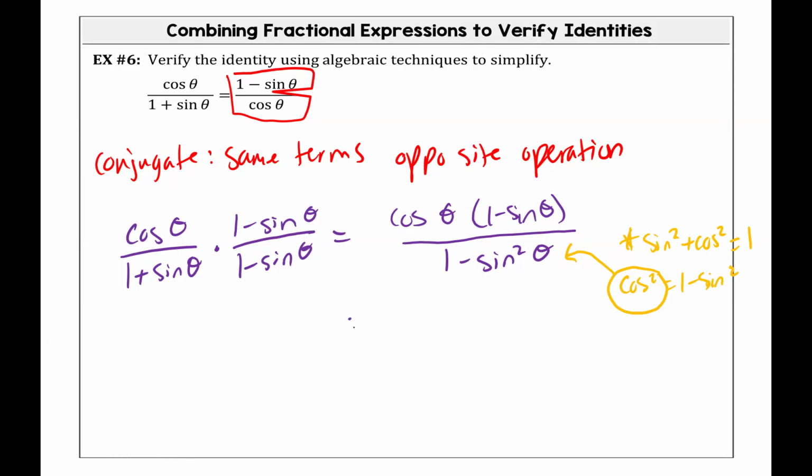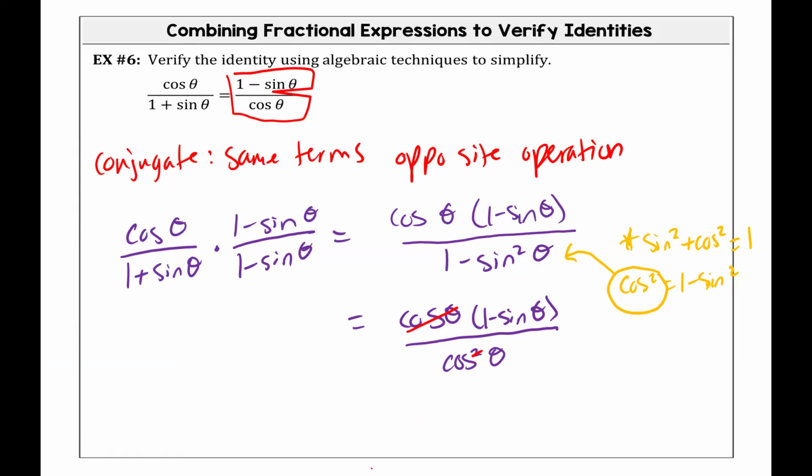So going back to my problem, I'm left with cosine theta times 1 minus sine theta, now substituting in cosine squared theta. And we can't replace the other one because that's not a fact. This rule is squared, right?